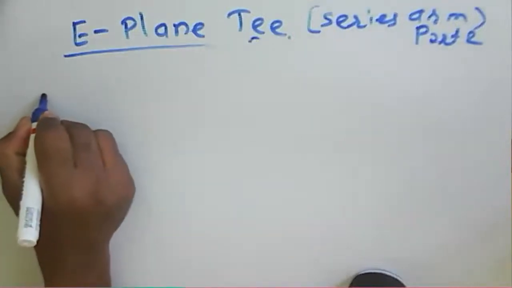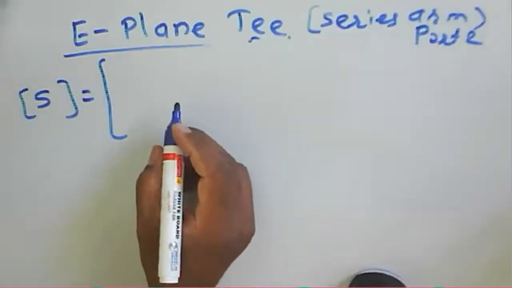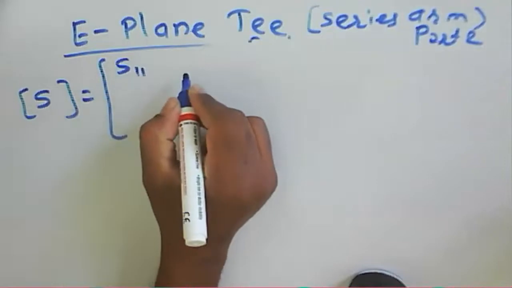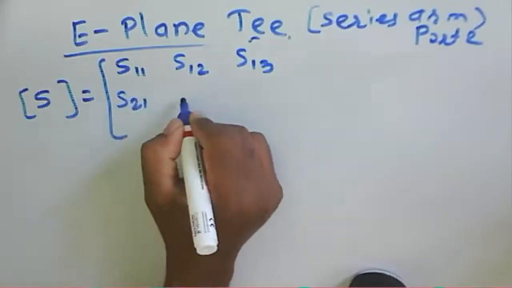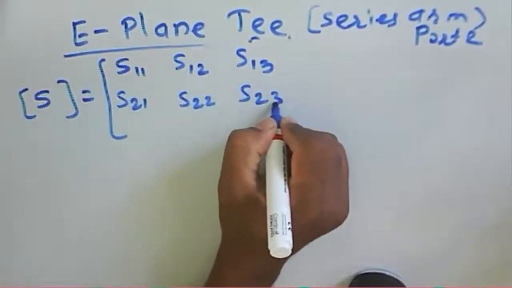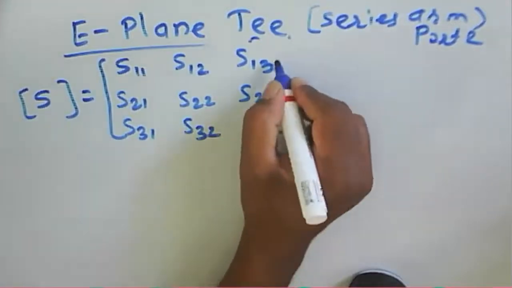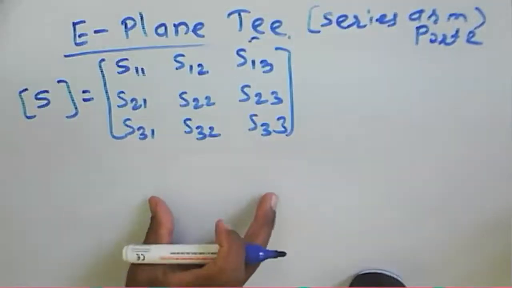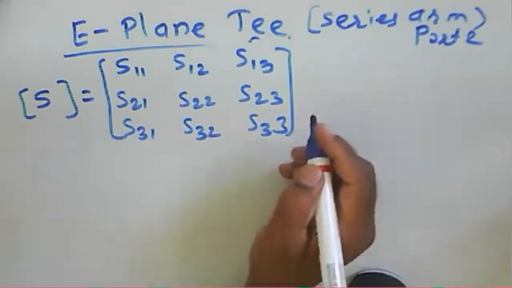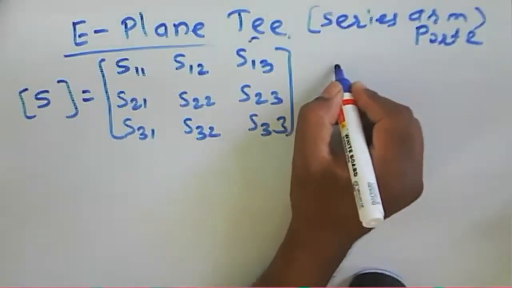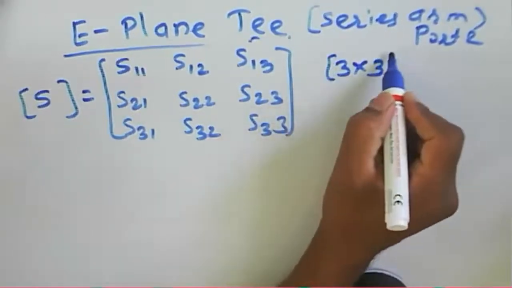Then we have to draw the S matrix for this E plane T. That matrix is nothing but S11, S12, S13, S21, S22, S23, S31, S32, and S33. This is the S matrix for the E plane T, because the E plane T has three ports, so the matrix will be a square matrix of order 3 by 3.